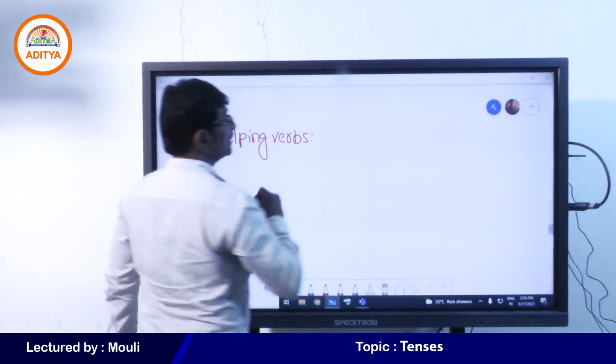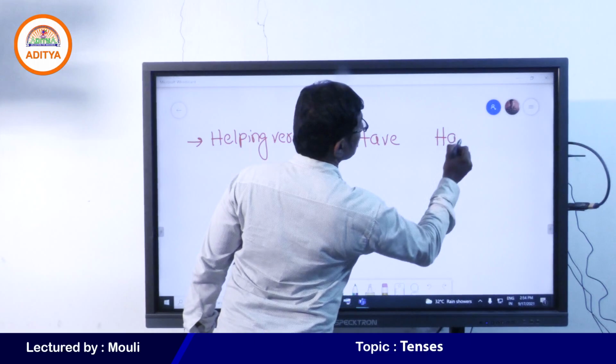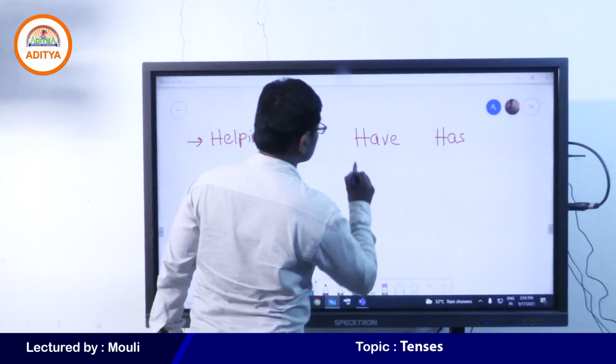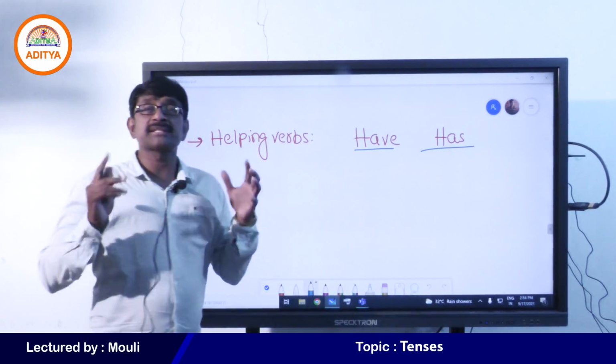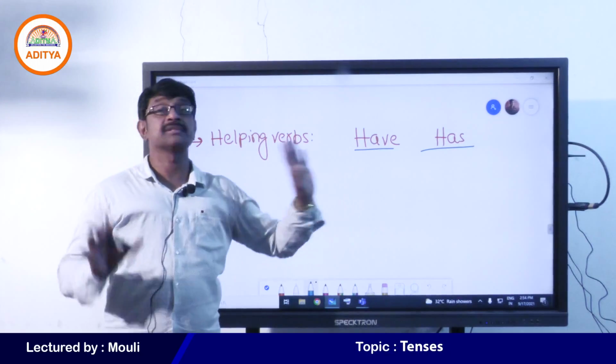Present perfect helping verbs are have, has, two are there. So, let us first finalize what subjects will come with have and what subjects will come with has.